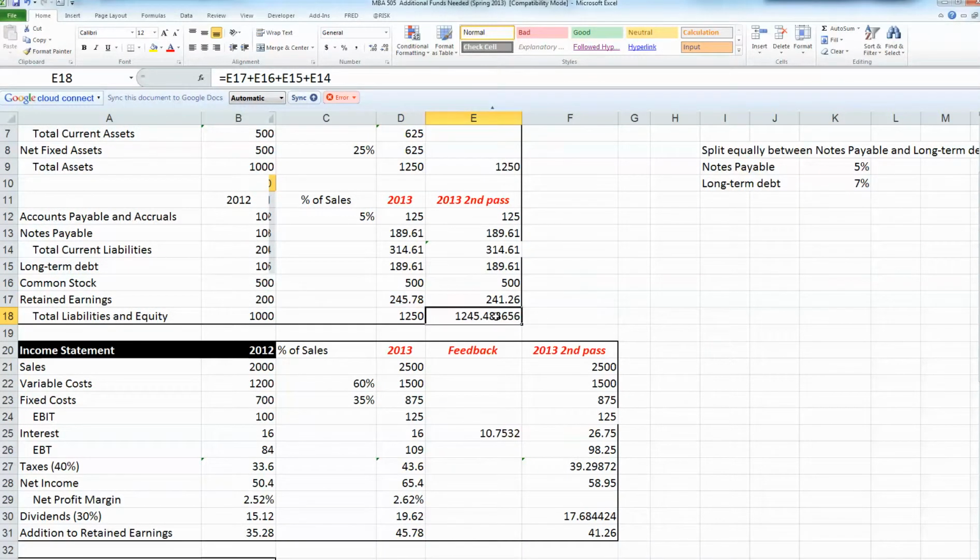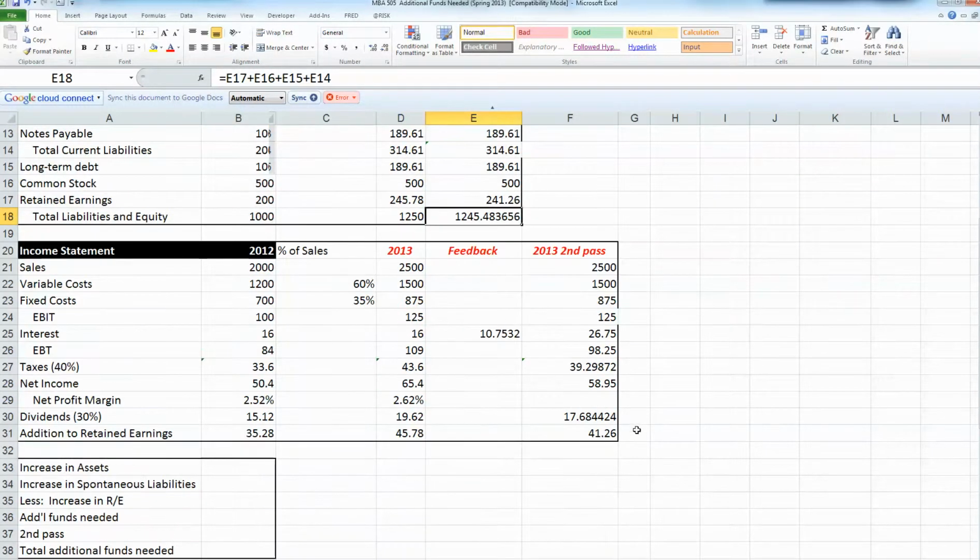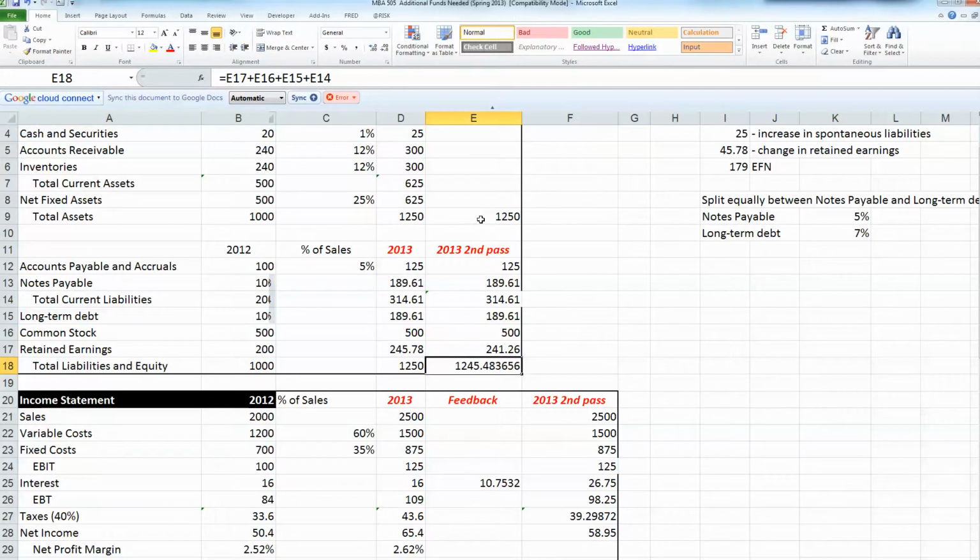So essentially, if I take the difference in retained earnings, this $45.78 and the $41.26, I'll get $4.50. That tells me how off my balance sheet is now because it's not balancing, since retained earnings are a little bit lower than I originally thought.